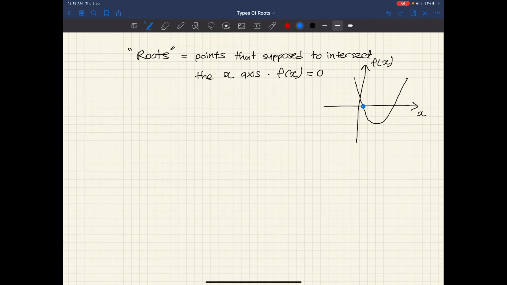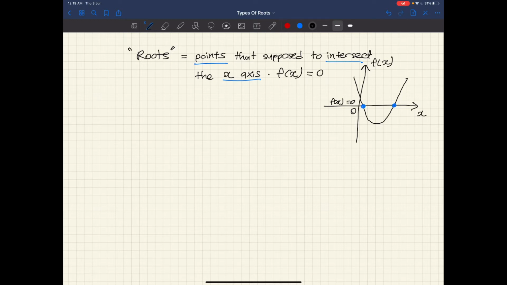As I mentioned, the points that intersect the x-axis, which are the first point over here and then the second point over here. At these points, your f(x) is equivalent to 0, so your y is equal to 0. That's where you get your roots.